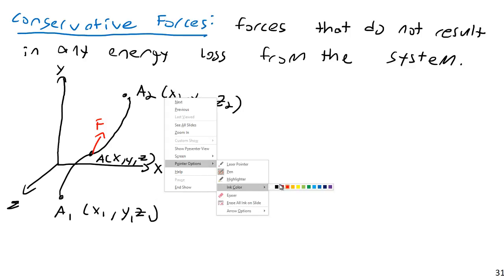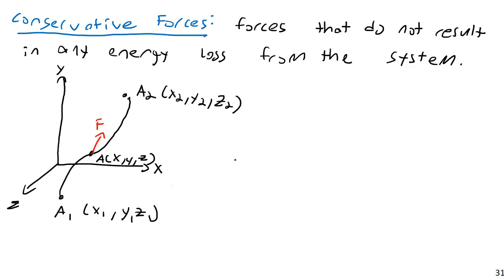And if I look at the work done from 1 to 2, the work done on this from 1 to 2 is V, the potential energy, of x1, y1, z1 minus V of x2, y2, z2.